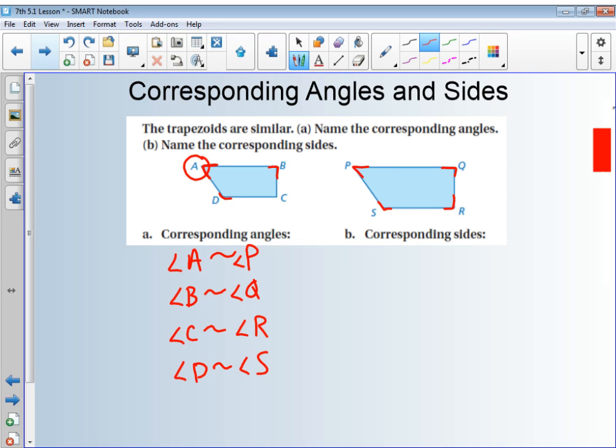You have to make sure that if they've turned the figure, you're identifying the angles, or maybe turning that figure in your head to make sure that you're getting the same angles. Here, all they've done was enlarge it and slide it over.